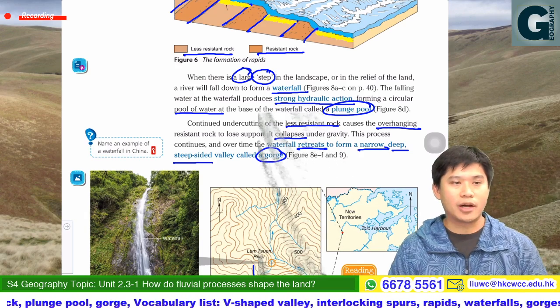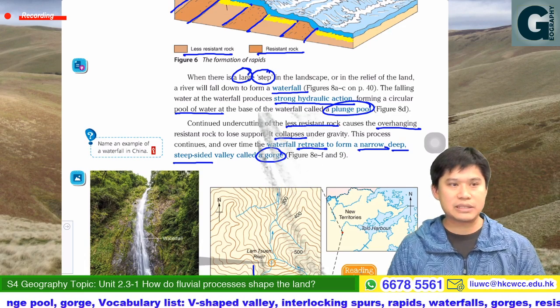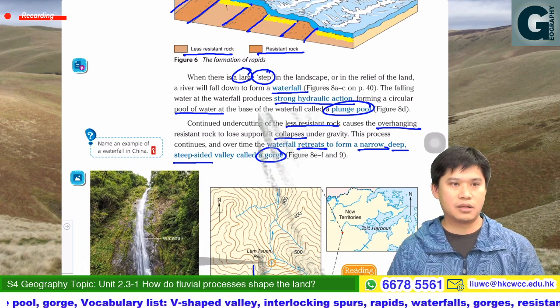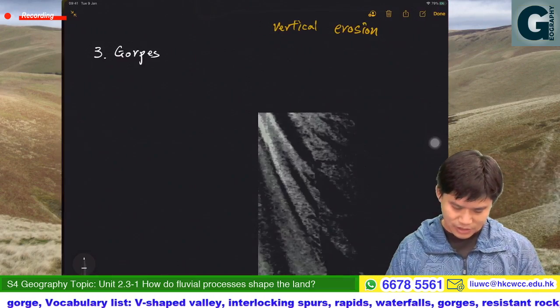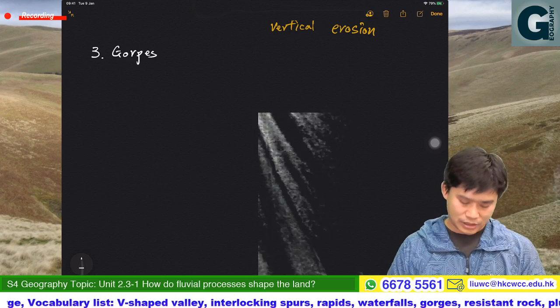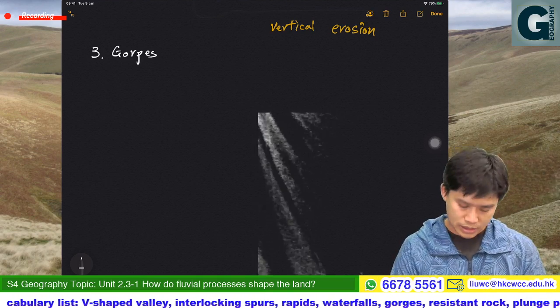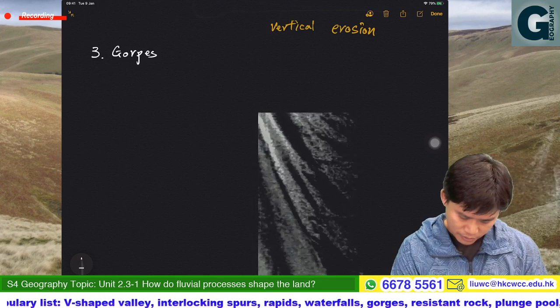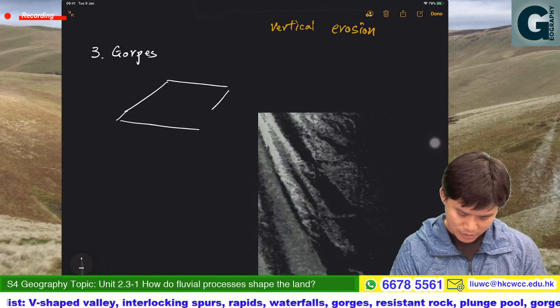So from the paragraph, I would say it could be a little bit complicated to understand what a gorge is. Therefore, for the drawing of a gorge, this time I will draw a 3D model like this. Okay.